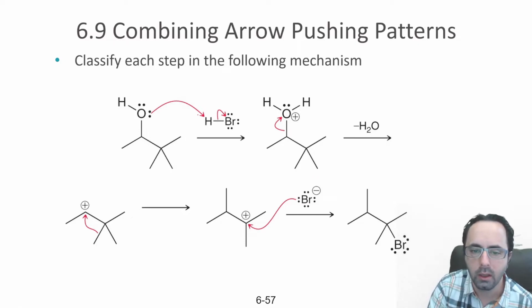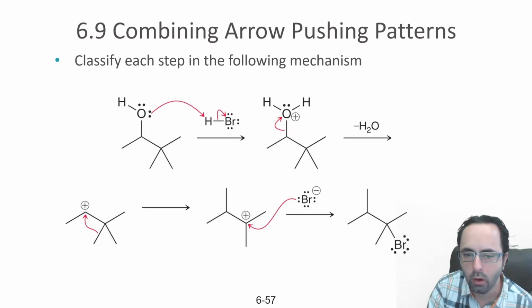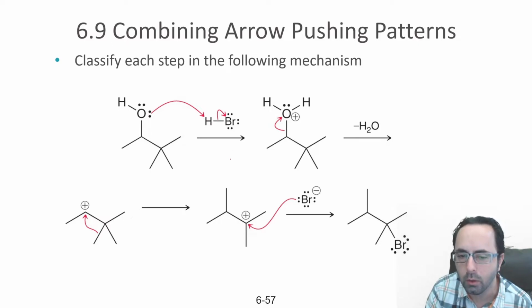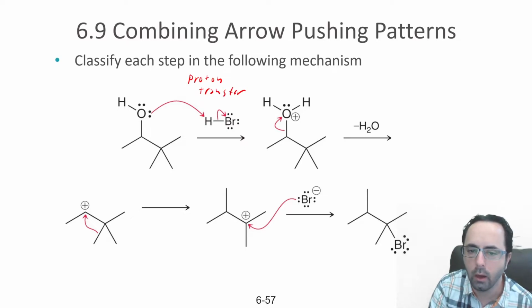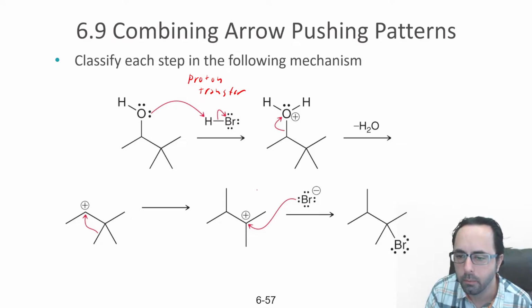The first one involves a 2-arrow process. Notice at the end, a bond is made between the oxygen and hydrogen, and the bond is broken between the hydrogen and the bromine right here. So this is going to be a proton transfer, 2 arrows here. Then we have an arrow that starts from a bond, and that bond is going to break, and this water will leave.